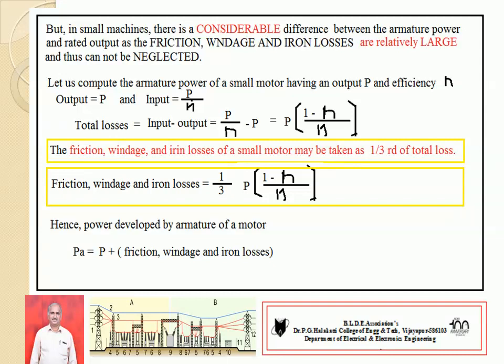Hence, we can determine total loss equal to input minus output. So, finally, we get the expression P into bracket 1 minus efficiency divided by efficiency. One assumption again, the friction, windage and iron losses for small rating motors may be taken as 1/3 of the total loss.